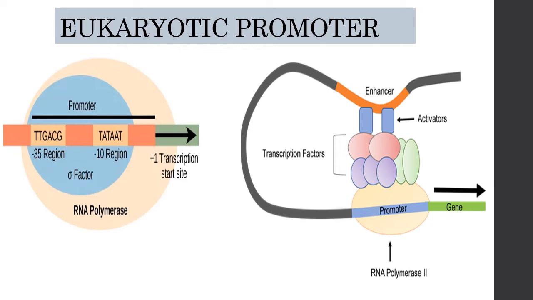So here we can see the enhancer. In some eukaryotic genes, there are regions that help to increase or enhance the transcription, and these regions are called enhancers and are not necessarily close to the gene they enhance. The transcription factors are produced constitutively, but except these, there are some transcriptional activators which come and bind to the enhancer site.